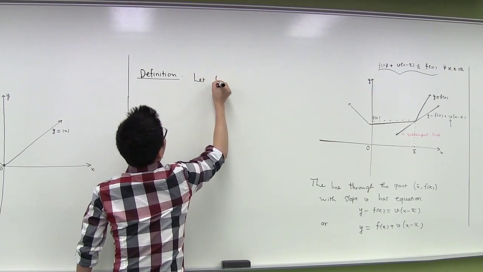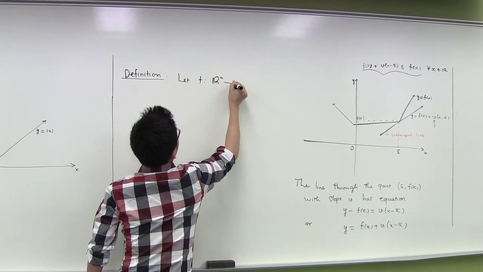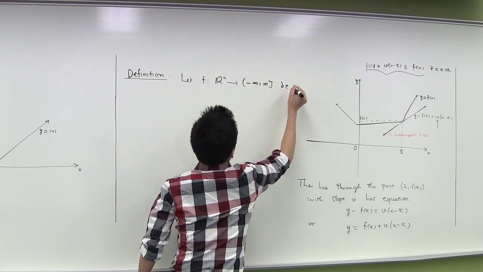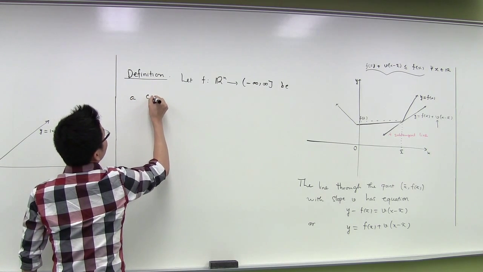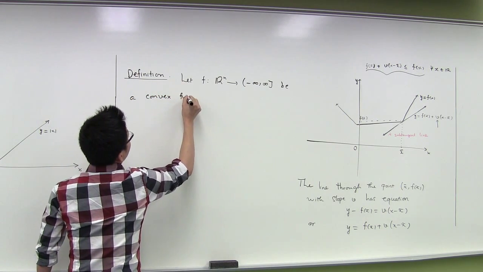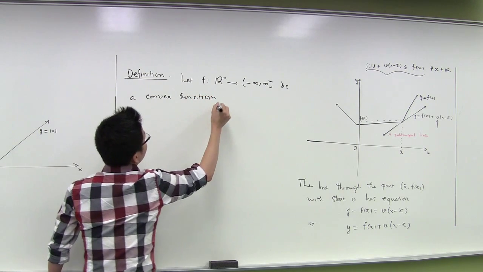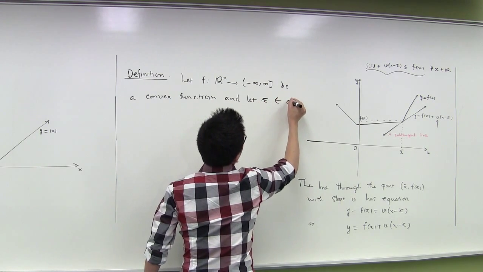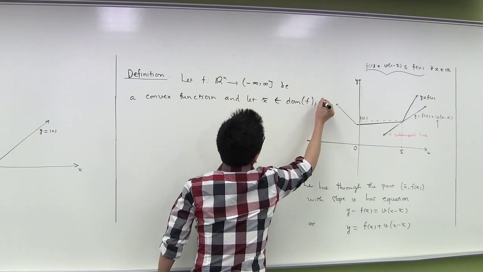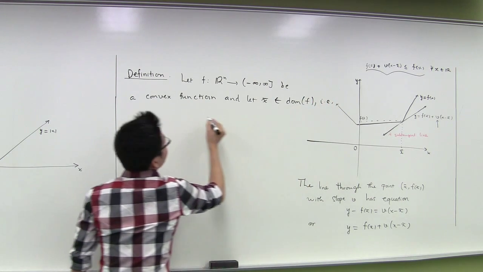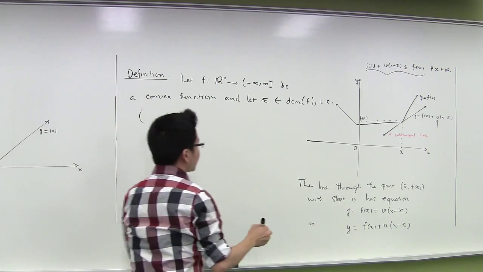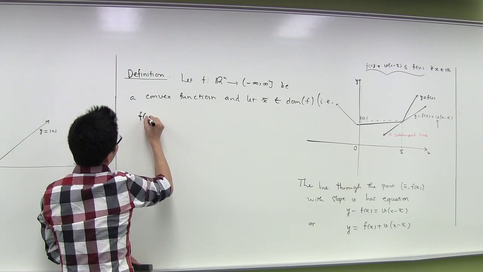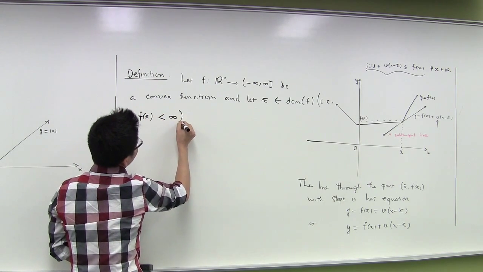Let f from Rn to the extended real line be a convex function, and let x bar be a point in the domain of the function. What it means here is f of x bar is finite, less than infinity.